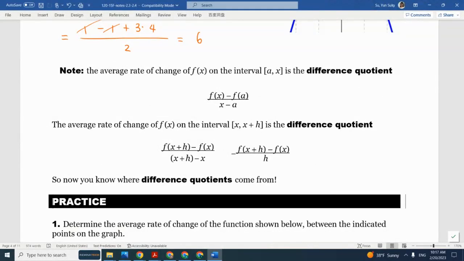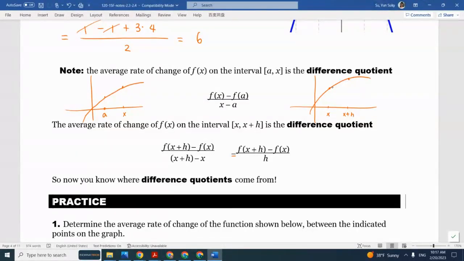So if we call the first point, so this is like 2 pictures. The first picture we call this to be a, and the second point we call it x, and then let's say our graph looks like that. And then we draw another picture, we call the first point x, call the second point x plus h, and then we also draw it.